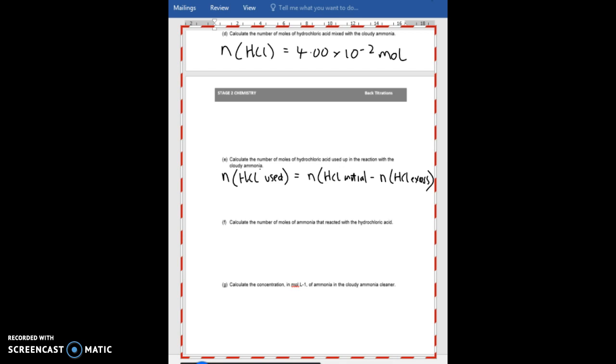So that equals, from the answer above, 4.00, that's our total HCl, times 10 to the minus 2, minus our excess, which was 1.00 times 10 to the minus 2.